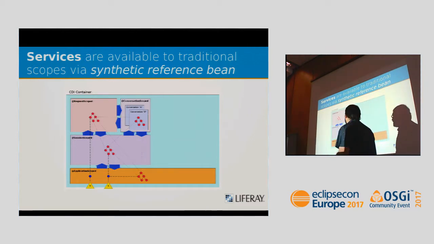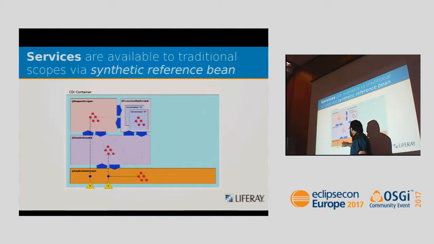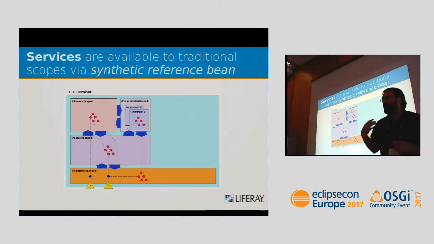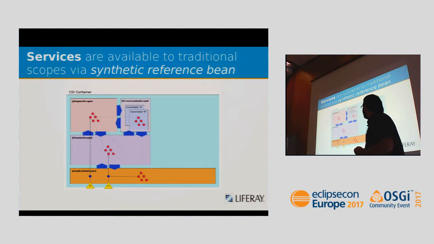This synthetic bean is basically a mediator to the service registry, and it will fulfill the contract for the injection point by matching the type, the cardinality, and all the other qualifiers that might exist on that injection point.